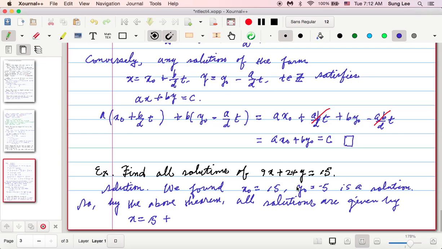Here b is 24, right? And what is d? If you remember, the greatest common divisor of 9 and 24 equals 3, right? That's what we found.